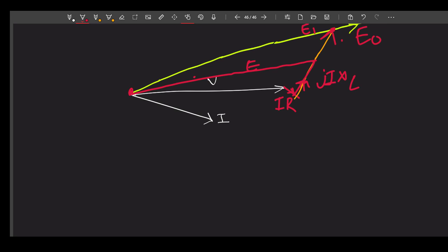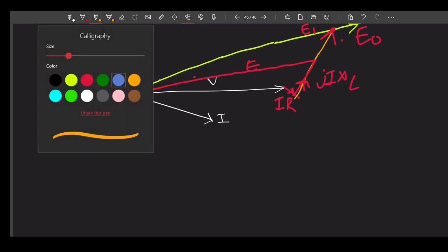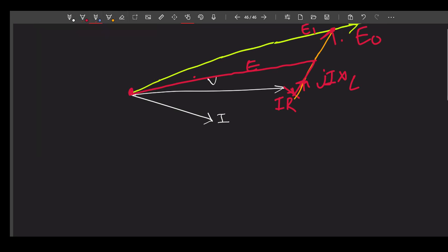Further, if you want, I can draw the MMF also, that will become helpful. Along this you are having A, but A actually cannot be represented.